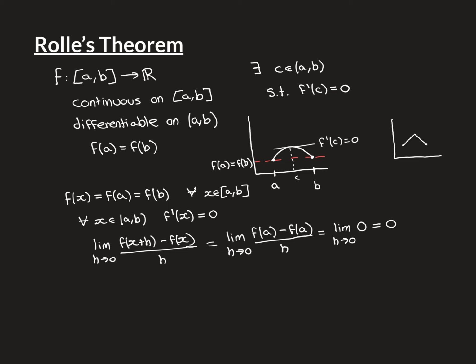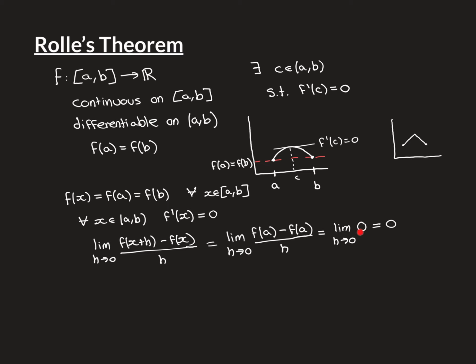Now, of course, we're not considering h being equal to 0. We're taking the limit as h approaches 0, but that has nothing to do with what the function actually equals when h is equal to 0. It's not defined when h is equal to 0. And for all other cases where h doesn't equal 0, 0 divided by something non-zero is still just 0. So we've just got a constant function that is 0, 0, 0 everywhere.